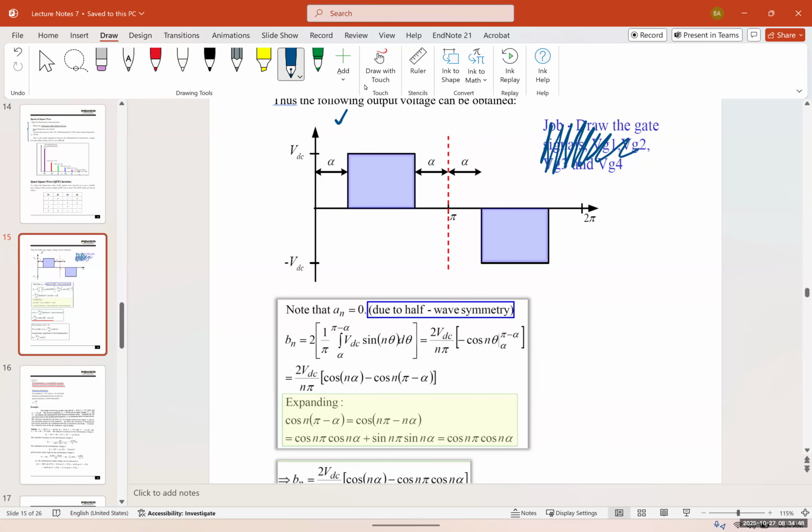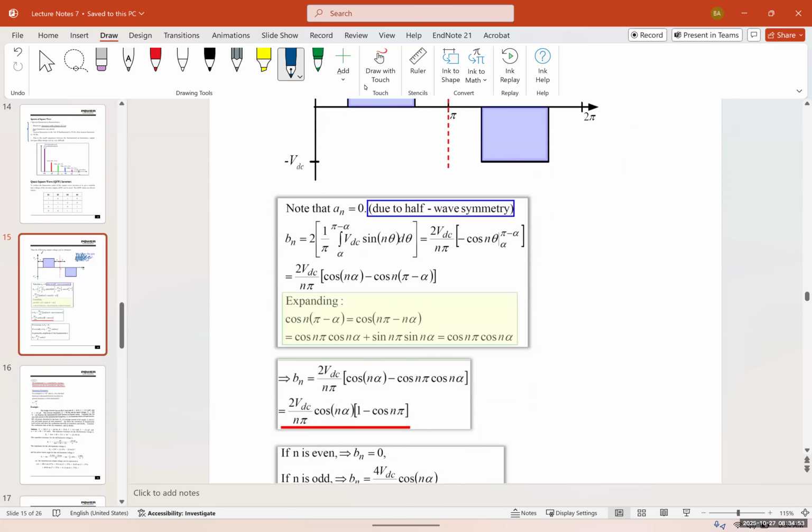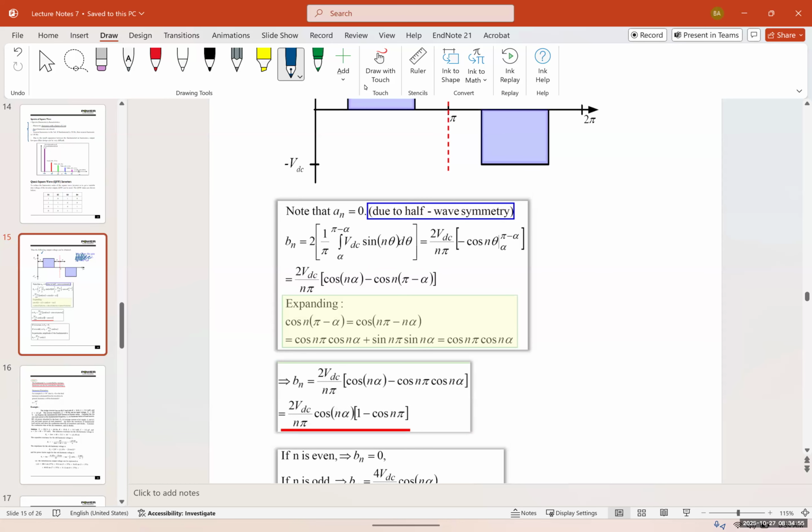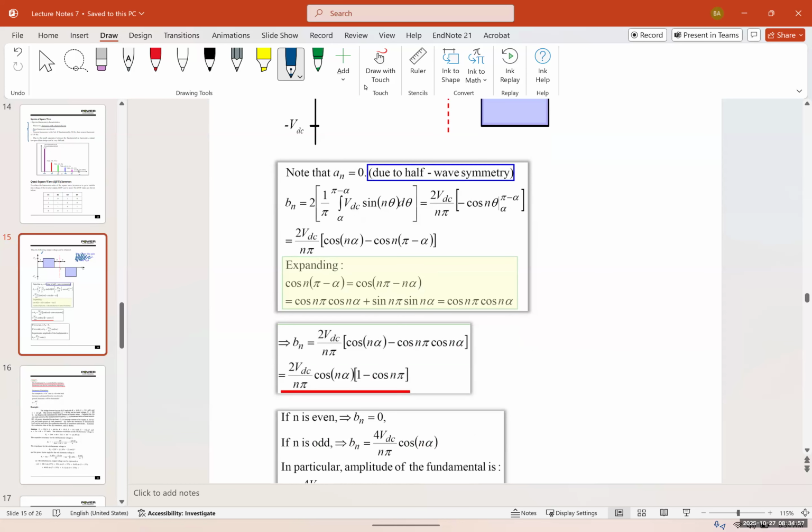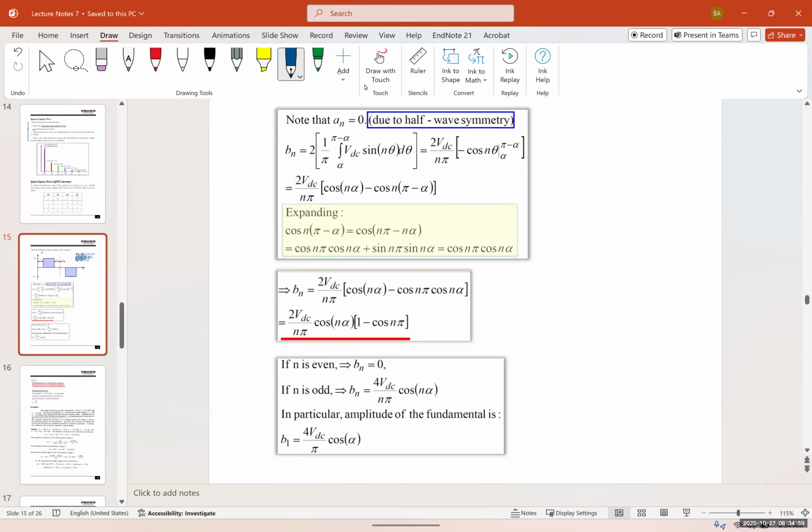This is the system that we have. And the reason that we have these alphas is because we want to prevent short circuiting. And I already mentioned this in the previous class as well. And therefore, Bn would be 2Vdc over n pi, and this is an important one, cosine of n alpha times 1 minus cosine of n pi.